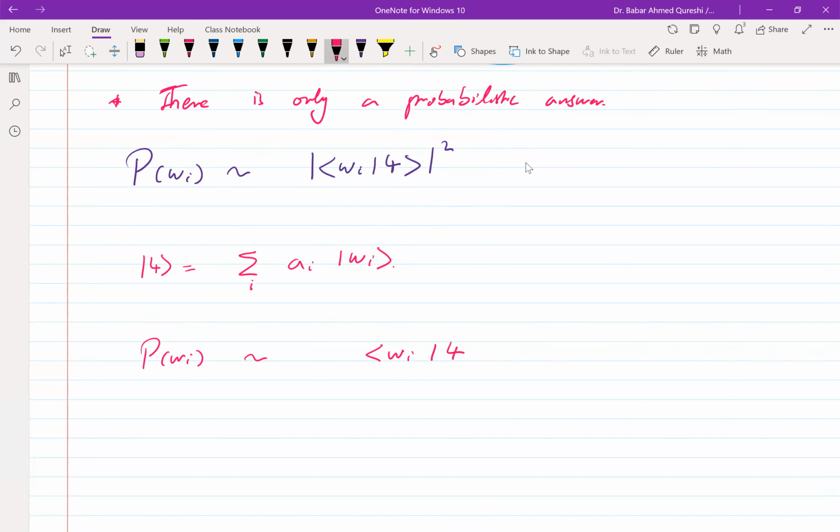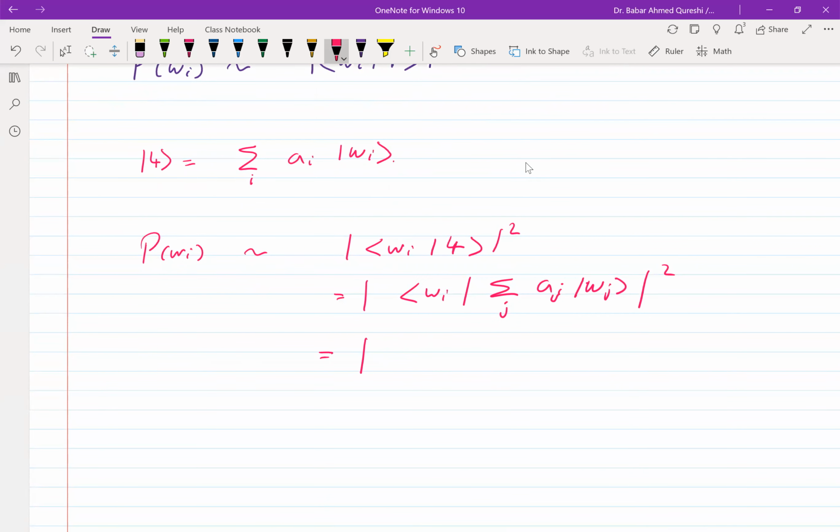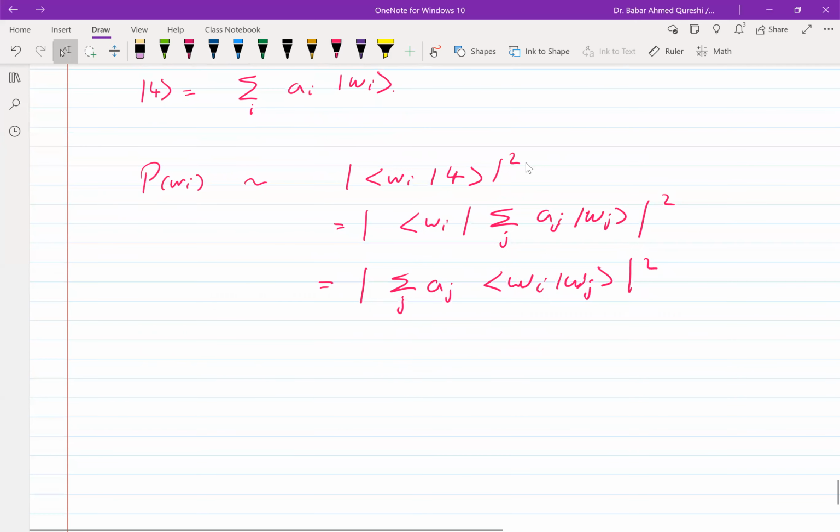this is just equal to, and since they are, for now, I'm assuming that they're not degenerate, then this will pick for me aj mod square, because this gives me delta ij.